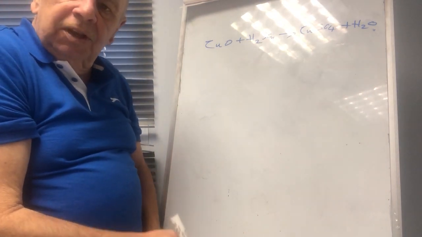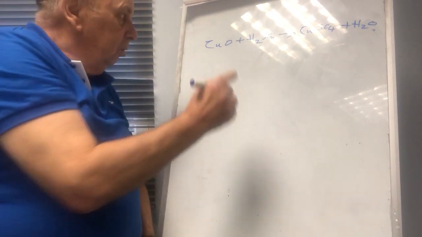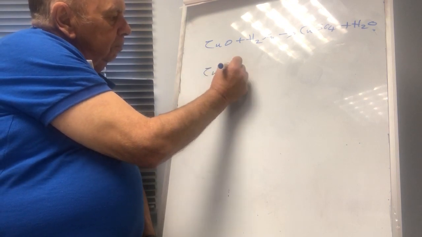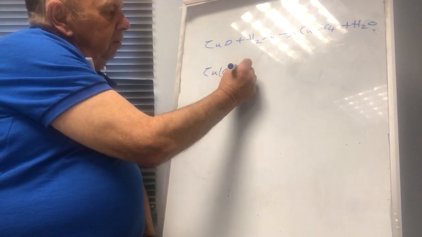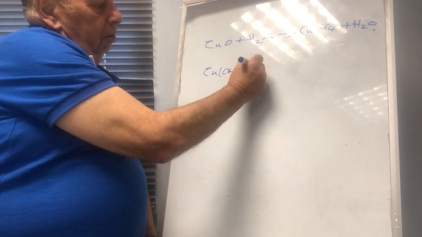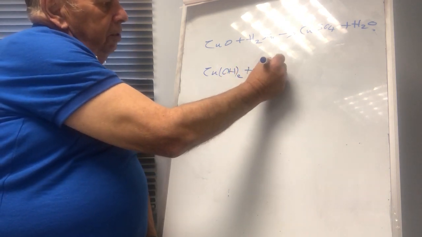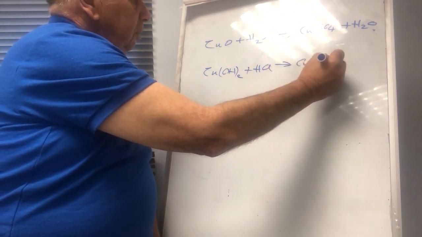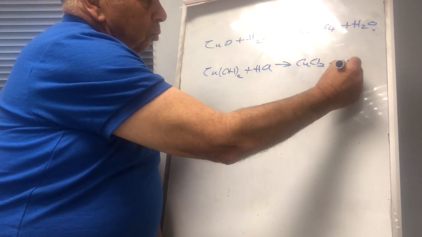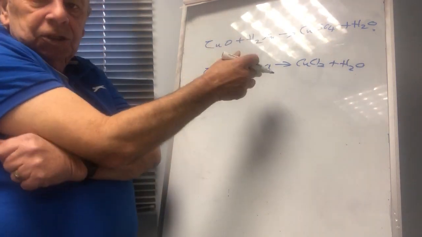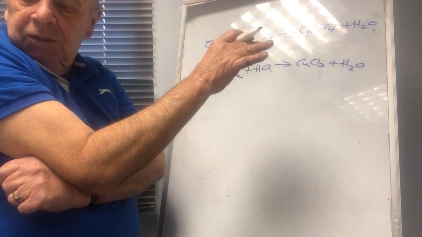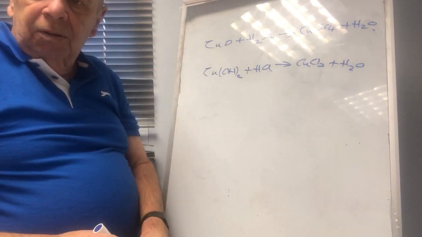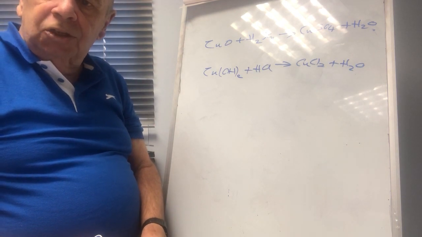And if I took the insoluble hydroxide, copper hydroxide, insoluble that is, plus hydrochloric acid, it's going to give me copper chloride plus water. I could balance it up, but I've not, because you don't need to do it at this sort of level. But that is the fourth reaction.